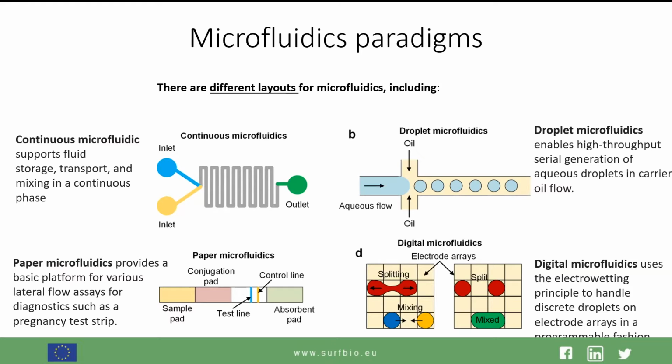Then paper microfluidics, for example, when we have a special reaction in paper and the liquid penetrates through the cellulose pattern to react. Also digital microfluidics, where we can manipulate liquids at a local level using chips by providing current, and in that case we mix, split, and so on.